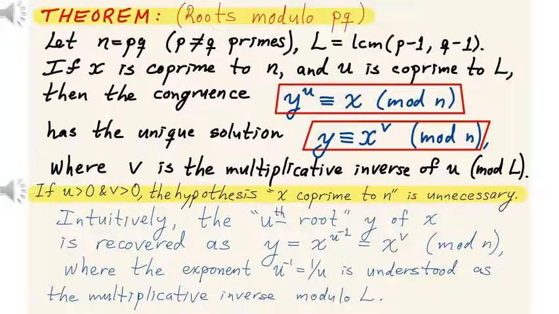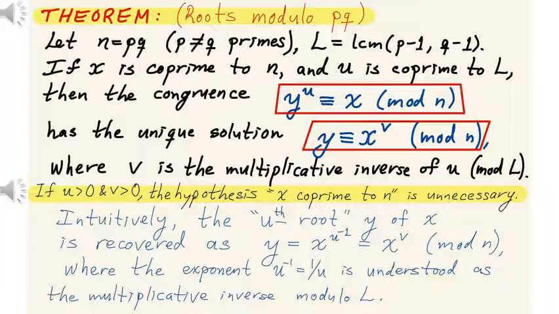So now we have this theorem about the possibility of taking roots in the group U_n. If an integer x is congruent to the uth power of another element y, so x is congruent to y to the u mod n, and you're trying to solve for y in this equation, in other words, you're trying to take the uth root of x to get y, then the correct notion of taking the uth root is, as you would expect, raising to the exponent 1 over u.